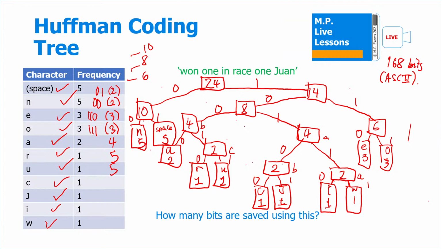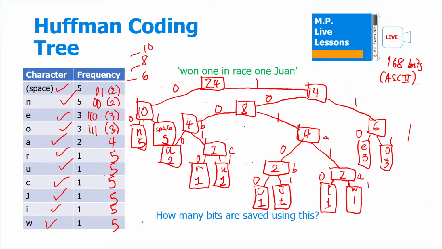Same for U. To get the character C, 1, 2, 3, 4, 5. Same with the J also. And all these happen to be less than the 7 bits usually used for ASCII. To get I, we go 3, 4, 5. So 5 as well.